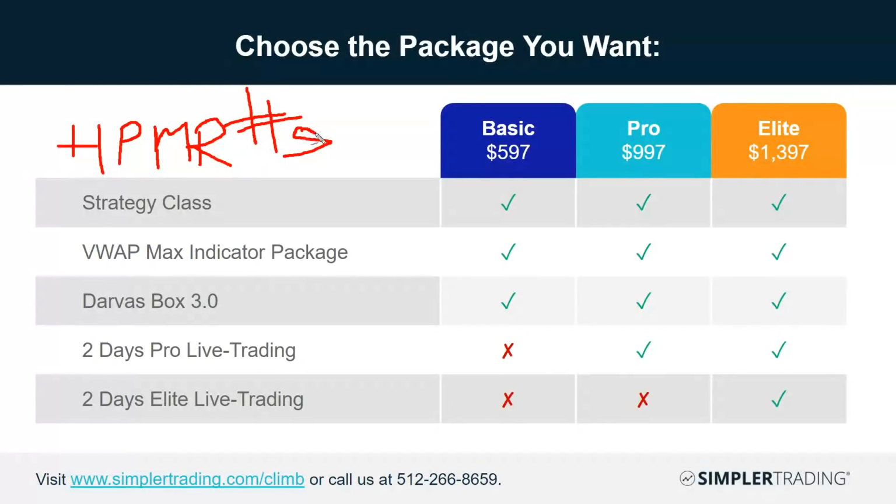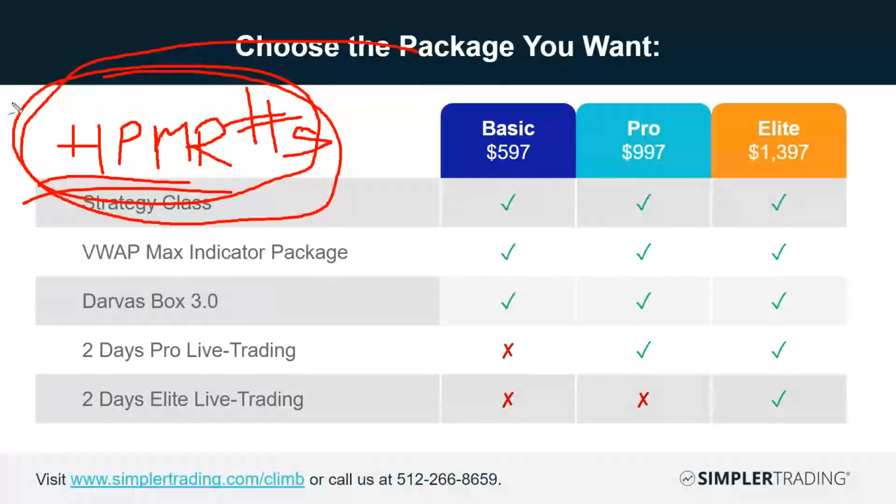The numbers you're getting for the class are the current numbers that I'm using. I will show you how I calculate the HPMRs. It's not rocket science, but the indicator is not continually updated in terms of the class, right? You will have the current to understand the setups. You'll have the current to understand how to calculate your own if you'd like. A lot of members do that. It's not complicated.